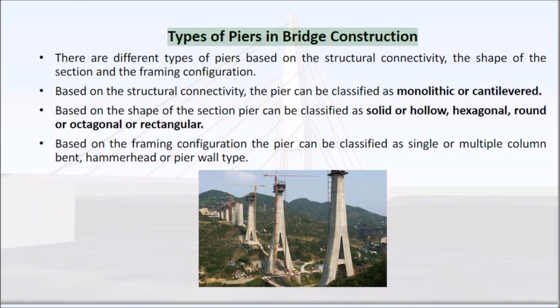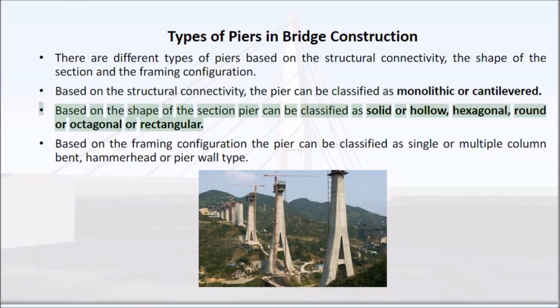Types of piers in bridge construction. There are different types of piers based on the structural connectivity, the shape of the section and the framing configuration. Based on the structural connectivity, the pier can be classified as monolithic or cantilevered.